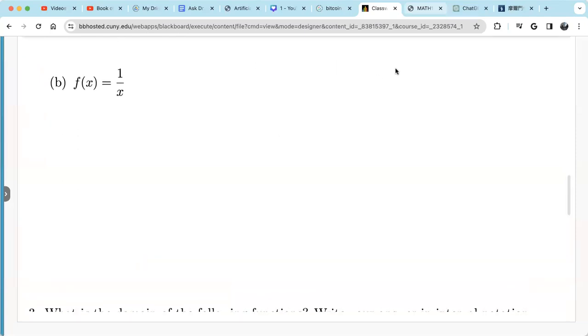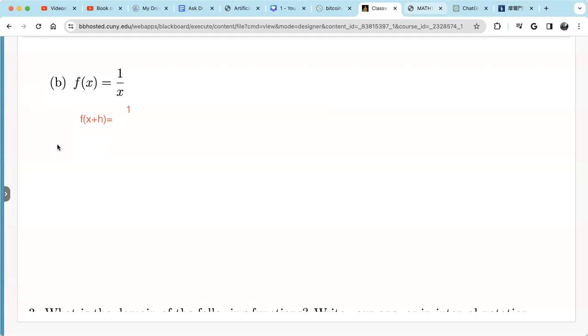Let's see this one. This one actually I did on YouTube already, but anyway, let me do one more time. It seems like it's a troublesome question, because this is a rational function. Well, let's do the same thing. So f of x plus h equals 1 over the input, right?